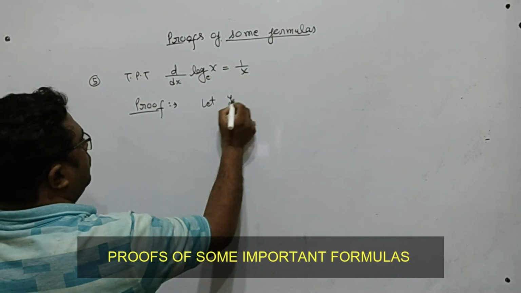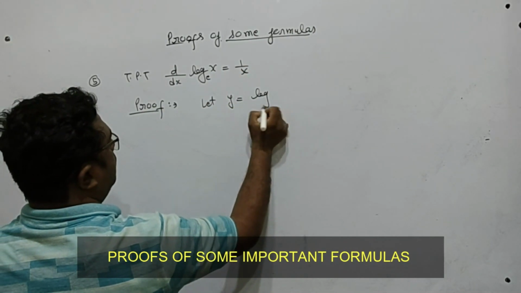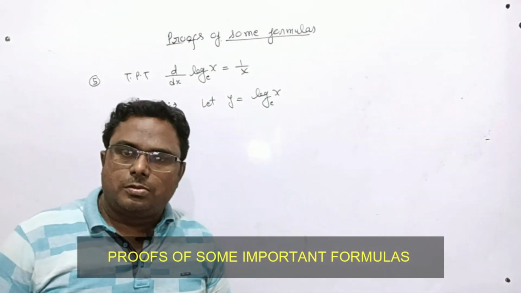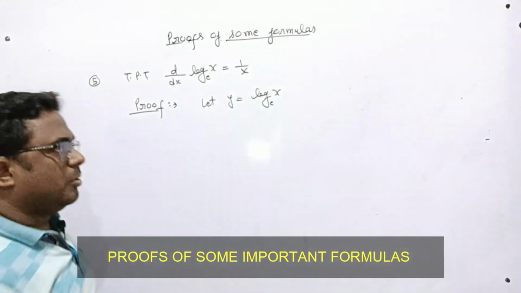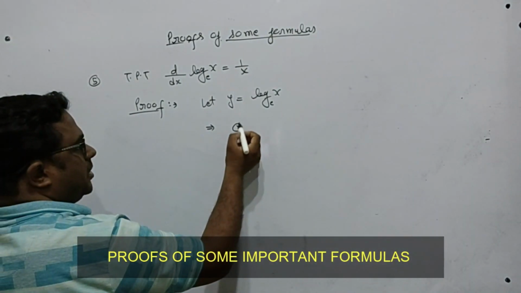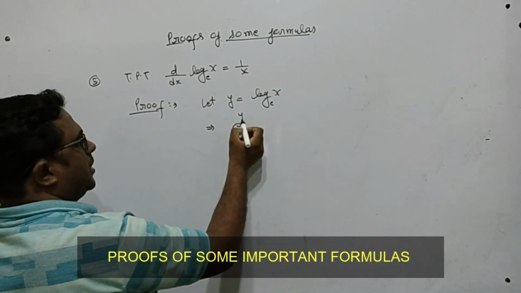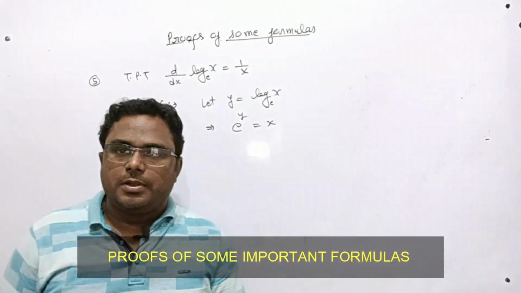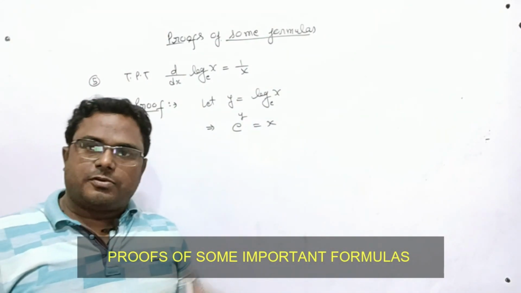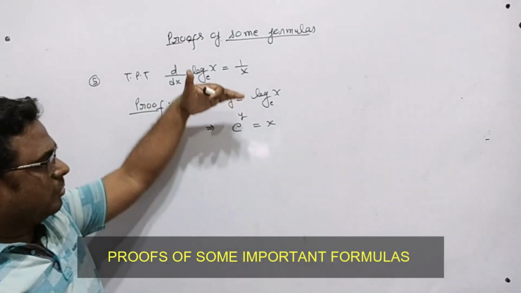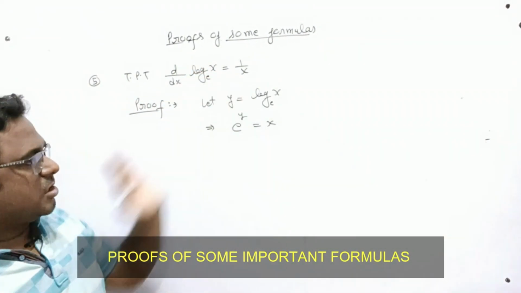Let y is equal to log x to the base e. All of us know the definition of log. So according to the definition of log, this e will come on this side, this y will go upside, and x will be left here. I hope that you have learned the topic of log. If you know the definition of log, then you must have understood this step.